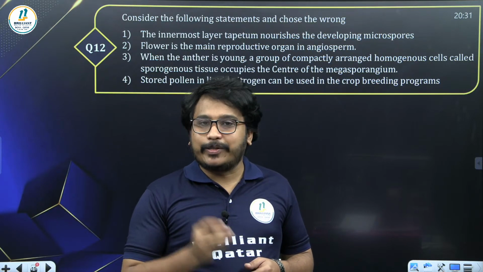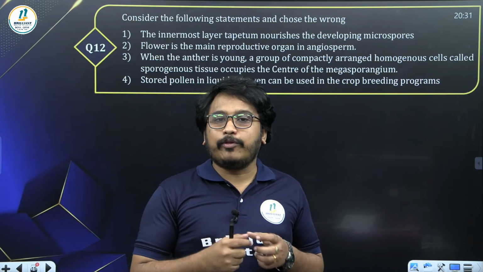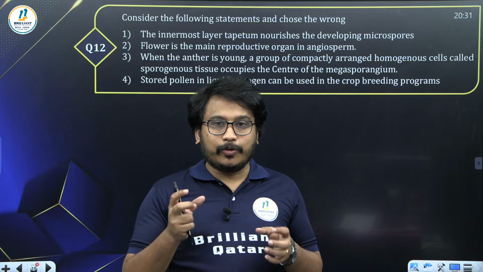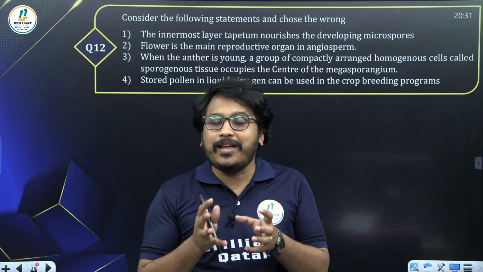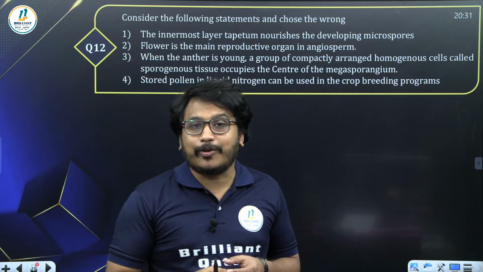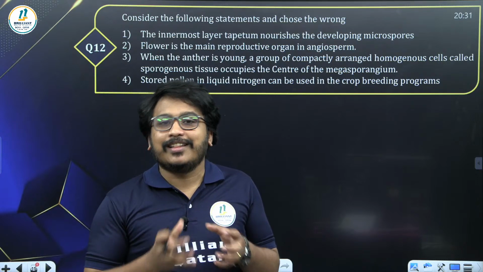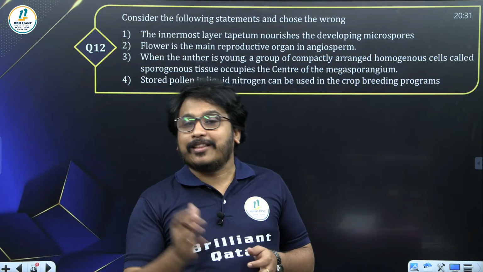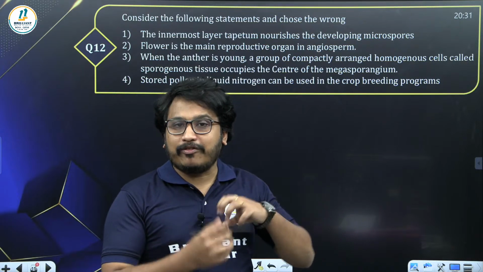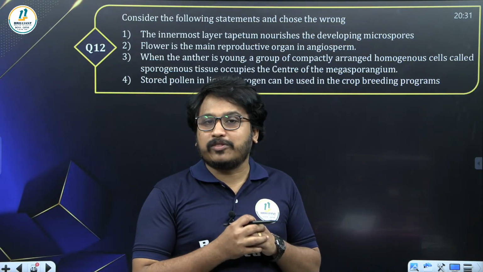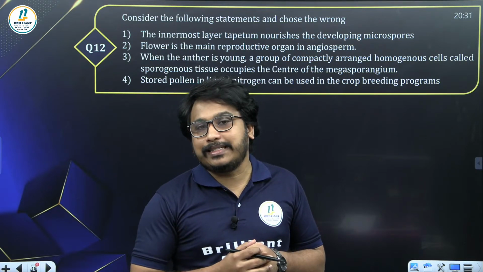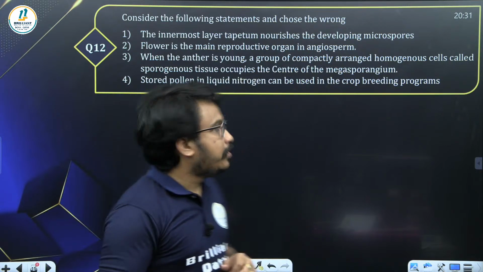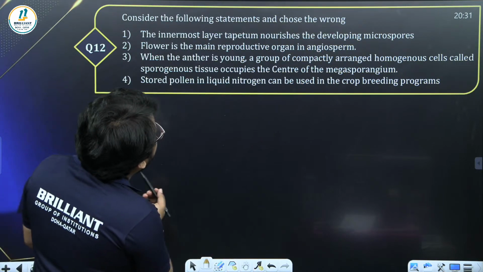Not only that, they also release an enzyme helpful in microsporogenesis, named callase. That callase enzyme helps in the dissociation of the microspore tetrad or pollen tetrad, and it is secreted by tapetum. Then the outermost layer of the pollen, made up of sporopollenin, is also mainly secreted by the tapetum. So the first statement is correct.